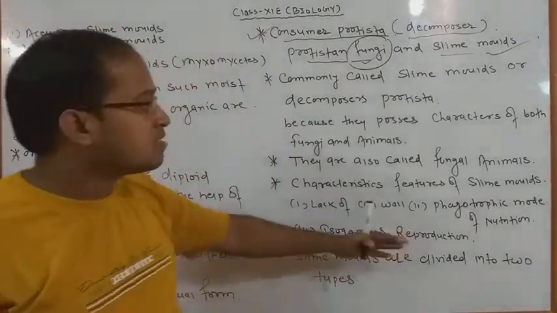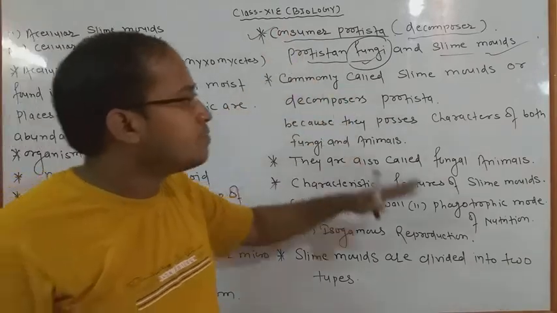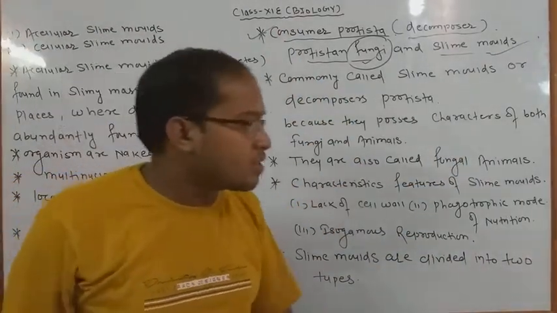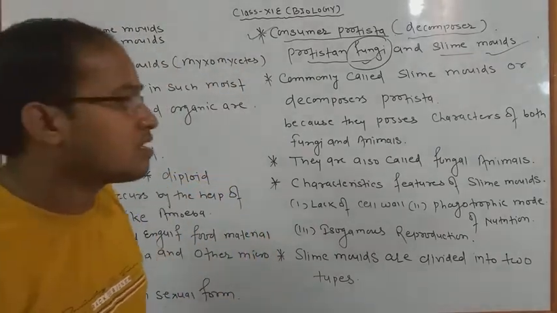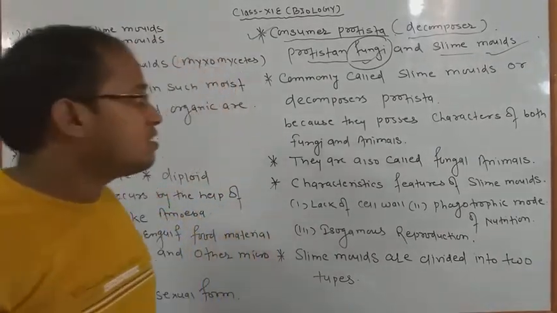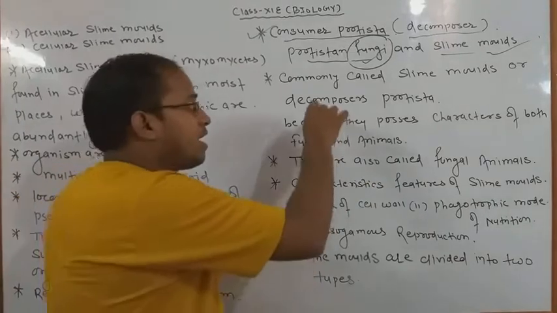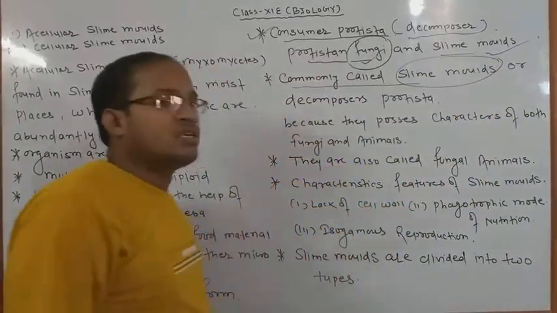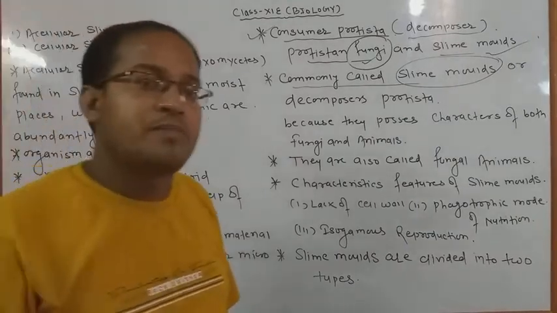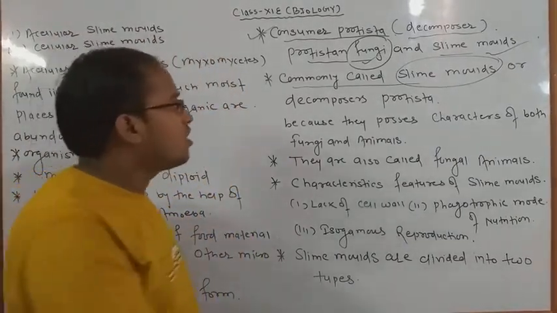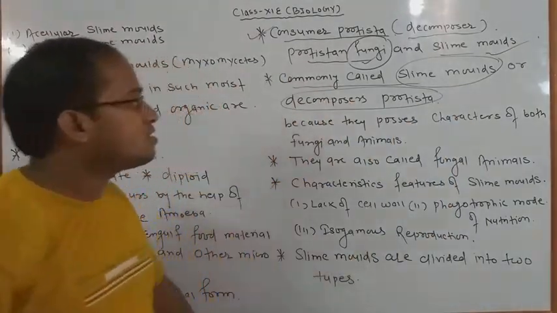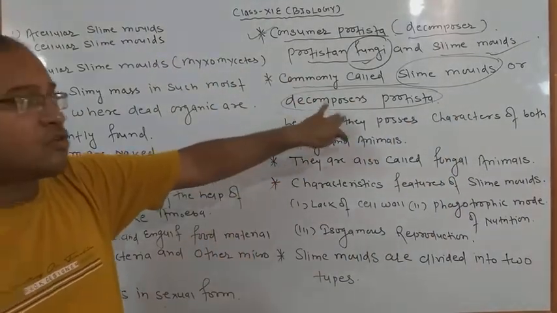They placed Protista in the animals as well as in the plants. That was the mistake when we studied the second kingdom of classification, but they are commonly called slime molds, and we know slime molds generally grow on the upper side of bread and are also called decomposer Protista. We have discussed what decomposers are and what Protista are.